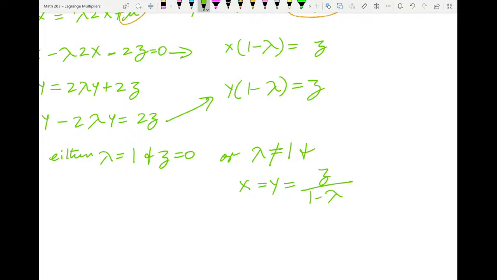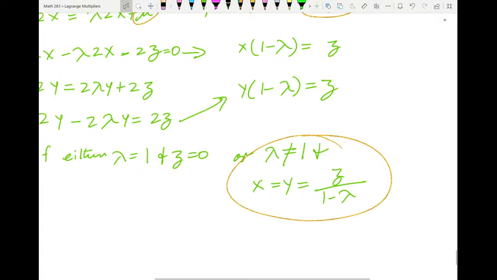You have these two equations going on. So lambda will equal 1 or not 1. If it equals 1, z equals 0. If it doesn't equal 1, then x equals y, which equals z over lambda.